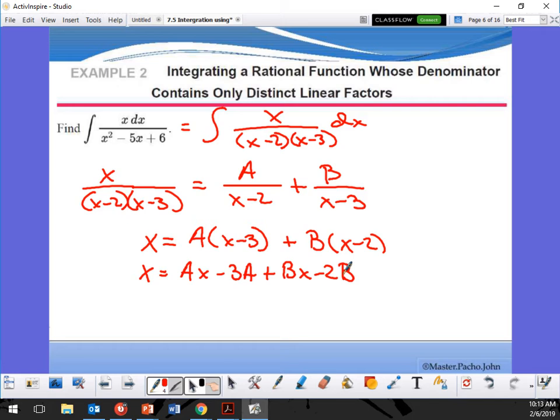We go by degrees here. So we're going to put the x's together first and factor it out. So by degrees, it's going to be x times a plus b, and then for my other degrees, it would be minus 3a, and then minus 2b, and all this is equal to my x.